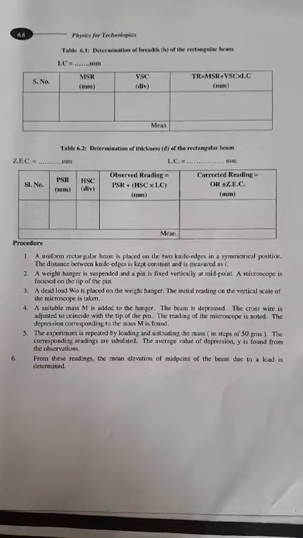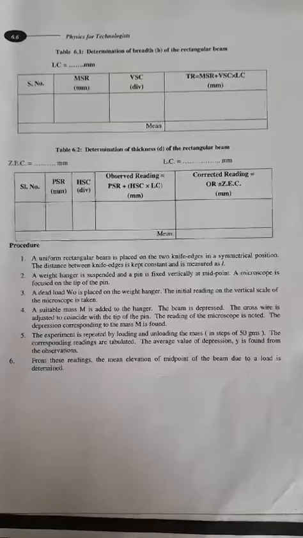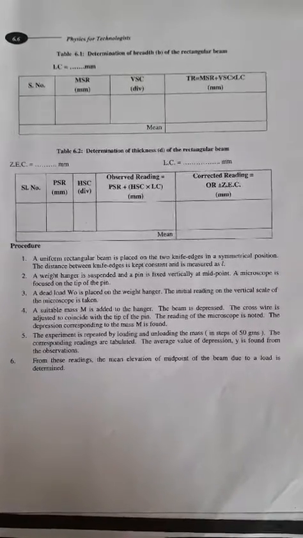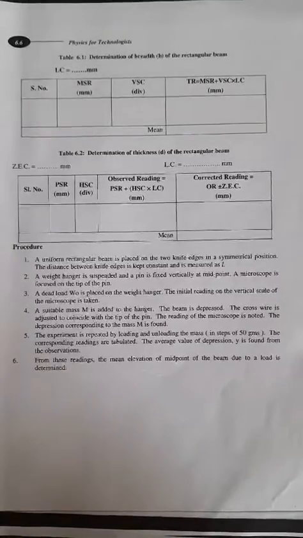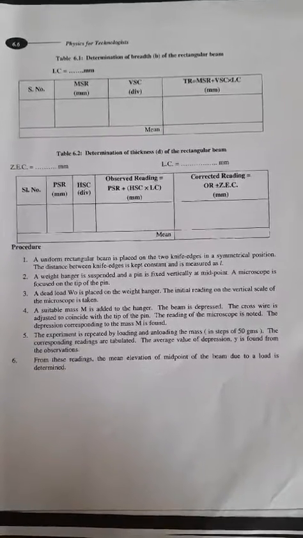These are the tabular columns in which we need to determine the breadth of the rectangular beam using the vernier calipers, and the thickness of the rectangular beam using the screw gauge.